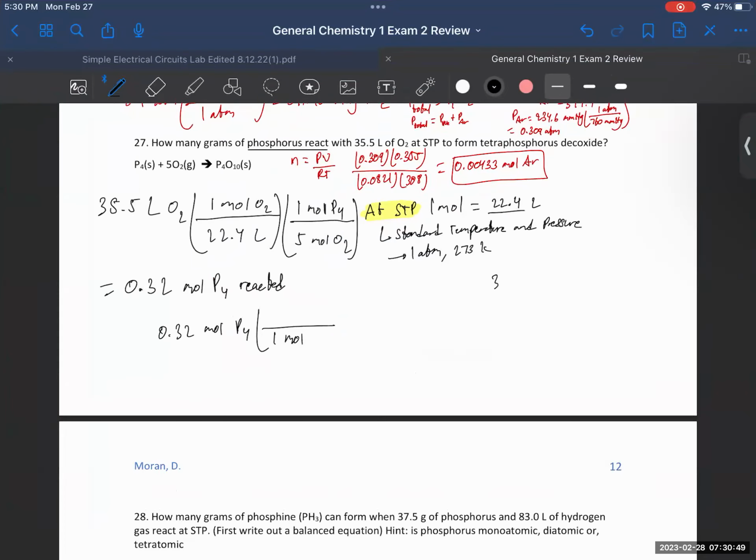So 31 times 4, which is 124 grams. So times 124 to get 39.3 grams phosphorus. That we all got as well. 39.3 grams, something like that.